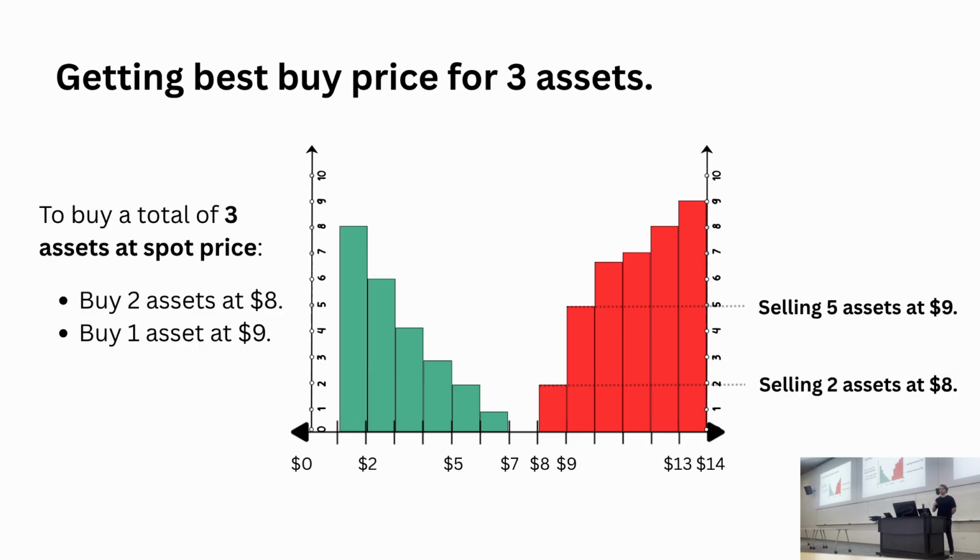In our example, where you want to buy 3 assets, you are going to buy 2 assets at the price of $8, because there is somebody who's willing to sell you at $8. And you're also going to buy an additional single asset at the price of $9, because the next liquidity that's available there is at $9.